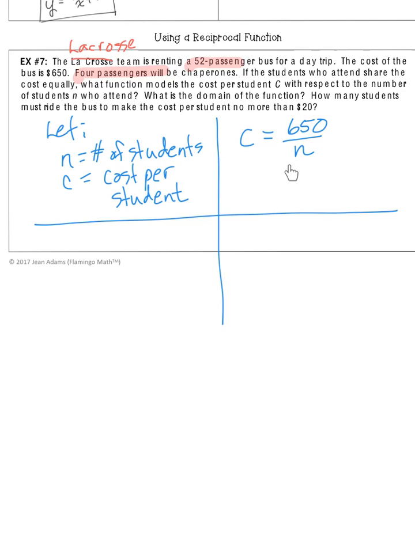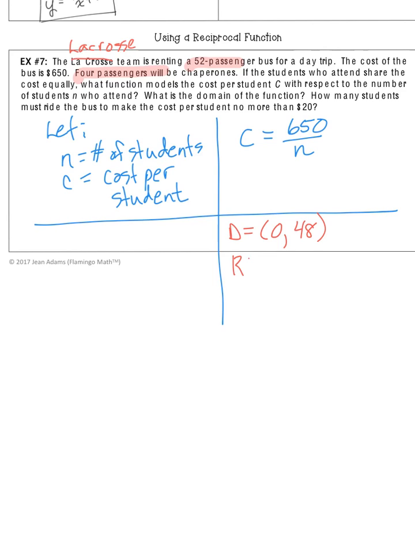And I'm not going to have 0 students, so I can only go from 1 to 48 students. So my domain is going to be from 0, because we're not going to include 0, that's why it's a parentheses, from 0 to 48. So instead of positive infinity, we have to stop at 48.